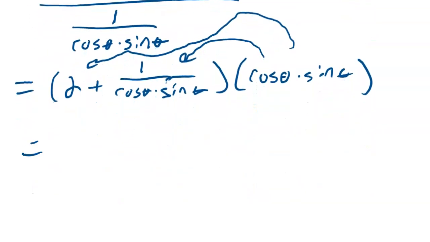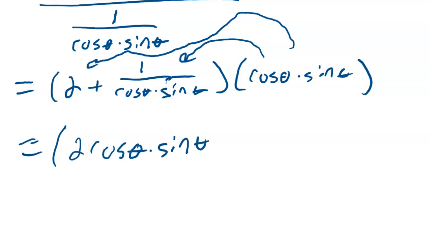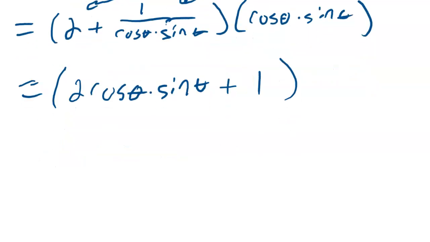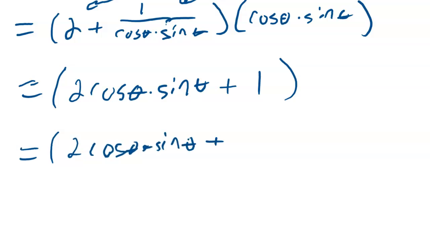Oh, dude, I see it. Wow, I didn't think I was going to see it. I don't know how many students are going to be able to see this. But when I distribute to the second term, I get plus 1. But I know what 1 is. So I say 2 cosine theta times sine theta, and 1 is cosine squared theta plus sine squared theta.